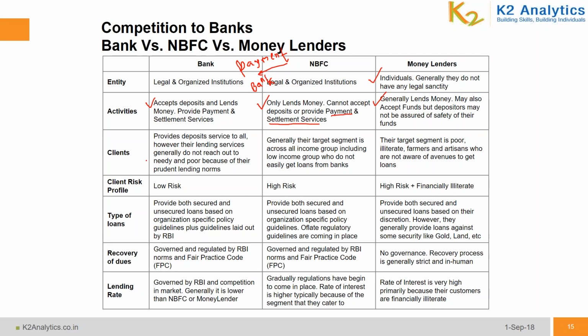So banks are typically more for the organized sector, and they cater to clients who have proper KYC details, and anyone can open deposits. But still, a huge number of people did not have accounts until the Jan Dhan Yojana started.